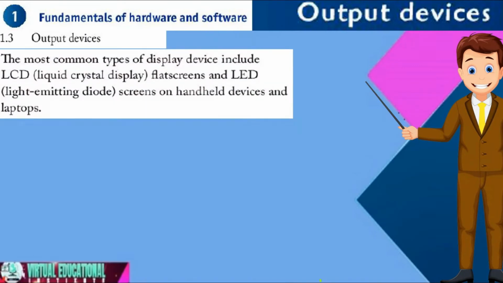Let's look at output in the form of a monitor. What are these monitors? What are they classified as? The most common types of display device, still referred to as a monitor, include your LCD. What does LCD stand for?